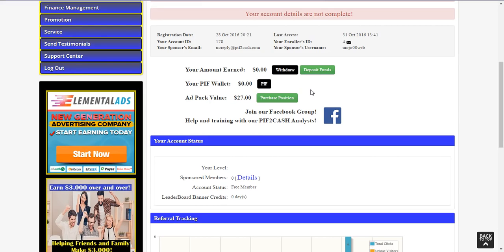However, remember that any time a member joins under your URL and they are a free member, you will instantly be forced to give away your PIF to a free member first. Then once that member is upgraded, you will be back to any of your upgraded members, and it doesn't matter what level they are on, level 1, level 2, level 3. You will be able to PIF them into PIF2CASH through the PIF wallet.